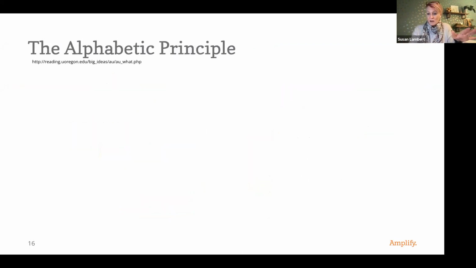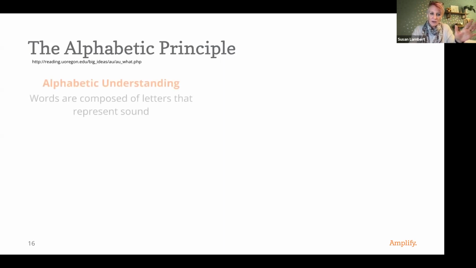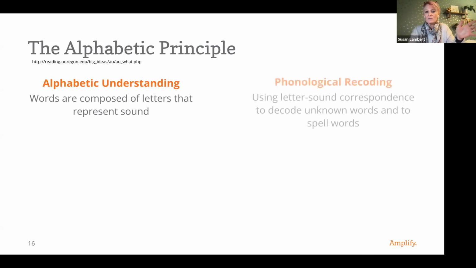One more word about this alphabetic principle, because we've been talking about it in the context of reading words. But if you look at the two elements of the alphabetic principle, element one is alphabetic understanding. We talked about that. Words are composed of letters that represent sounds, or combinations of letters that represent sound. But there's also this thing called phonological recoding. Good grief, what is that? Well, phonological, you follow the track here, has to do with phonological awareness, phonemic awareness.